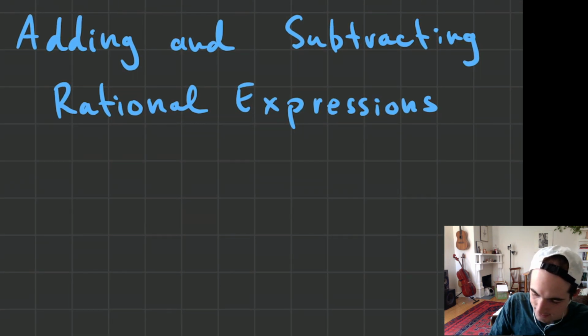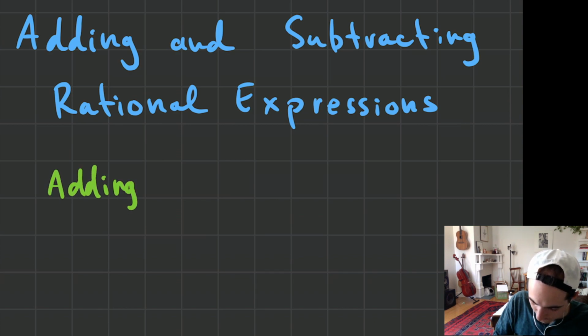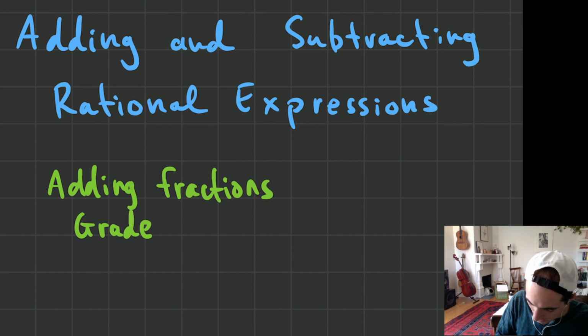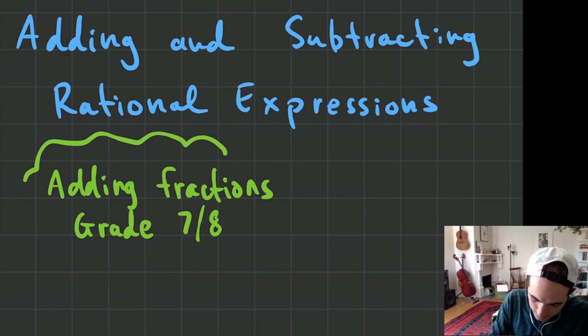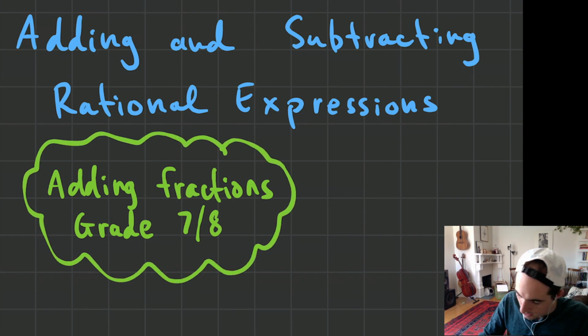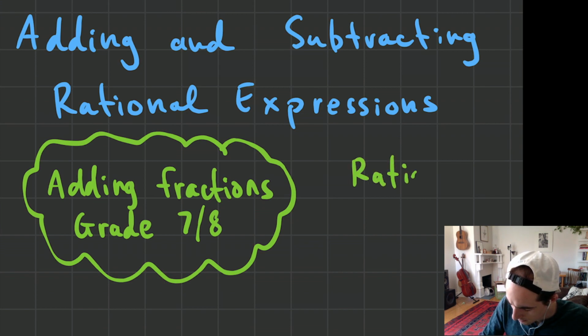What this does is it takes these two concepts: adding fractions, which is a grade 7, grade 8 kind of idea, common denominators, that sort of thing, and rational expressions, which is a grade 11 thing.